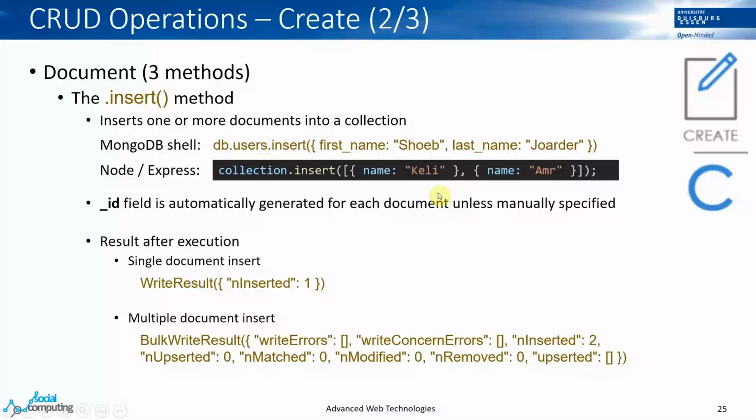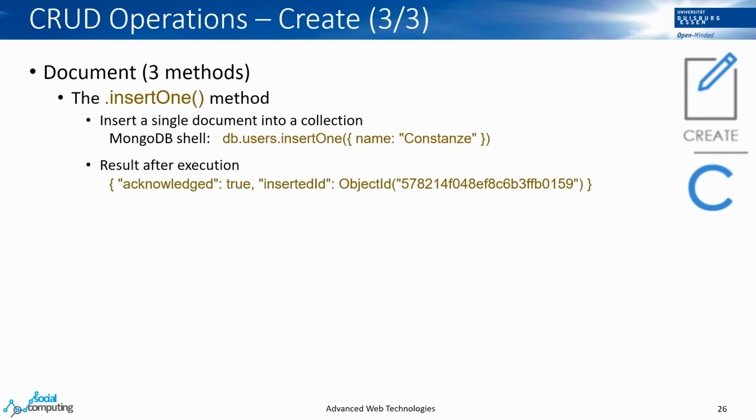Okay, so this is the first method of insert, and MongoDB provides two separate methods. If you want to add only one document, there is a method called insertOne. This will insert only one document. So if you know that you are inserting only one item, it's preferable to use this insertOne method.